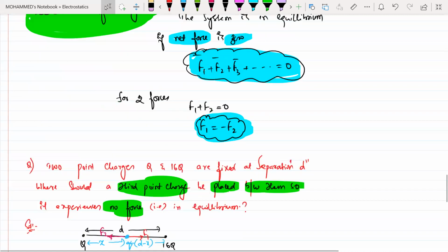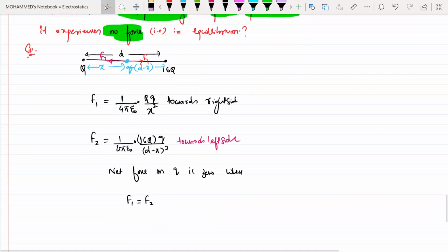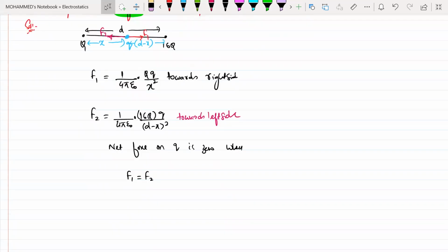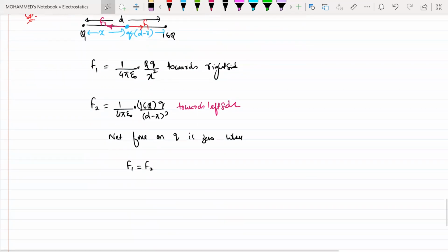F1 is towards the right, F2 is towards the left. F1 is in the positive x-axis, F2 is in the negative x-axis.